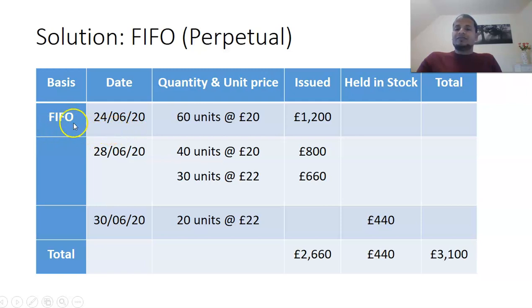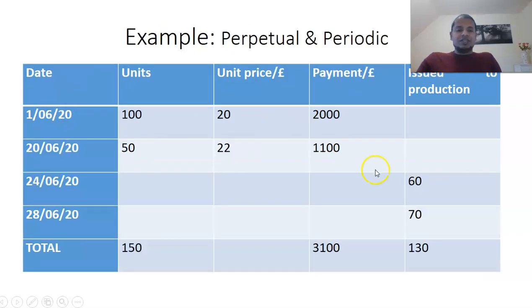Okay, so on 24th of June, if we apply first in, first out, the problem says we issued 60 units. So which material should we issue first? If we follow first in, first out, the material that came first to the organization is 100 units. So out of this 100, we have to issue 60 units at this rate.